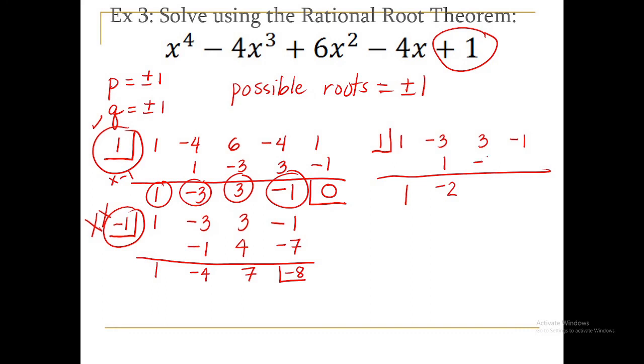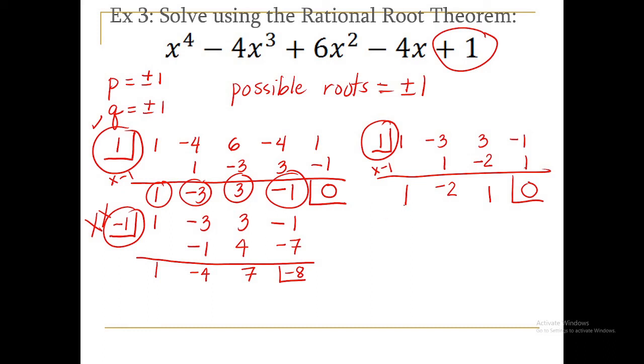Multiply, that's -2. This is 1. Multiply, that's 1. And we will get a 0 now. Therefore, this is also a root. And you will write this as x minus 1 as well, right? Now, how many numbers are left? 3. Three, sir. So here we can now do factoring.